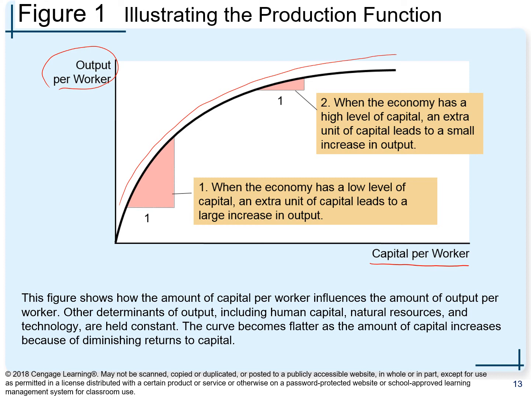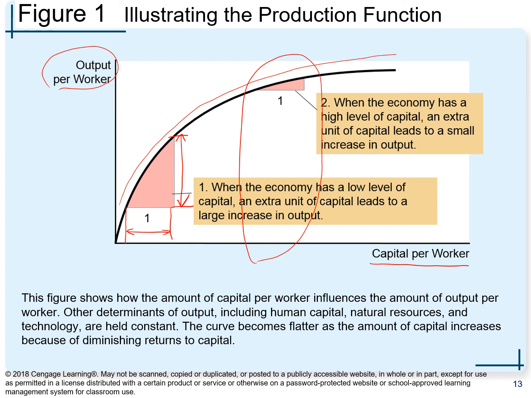See here, by increasing this much of capital, such as let's say the number of computers per worker, and then the output level goes up like this at a low level of capital per worker. But in this area, output per worker is already pretty high.